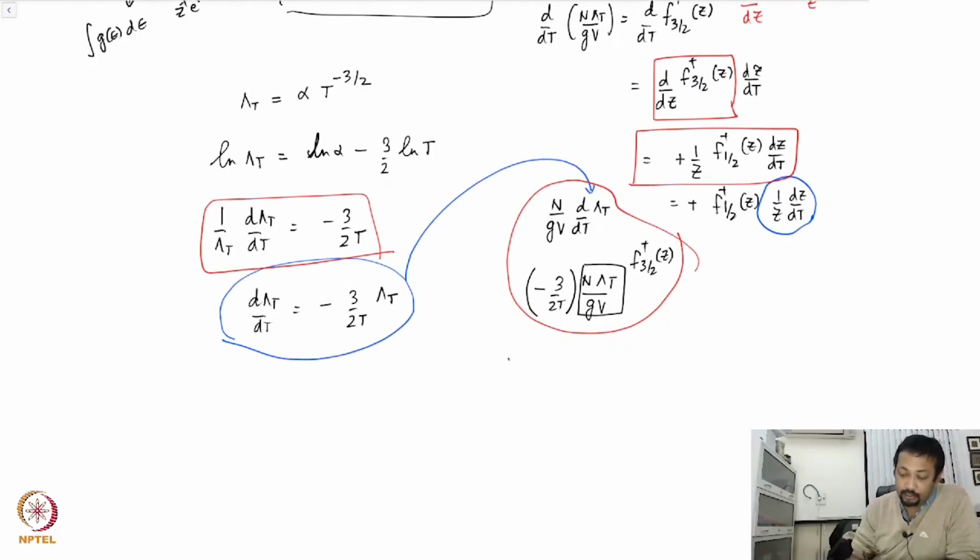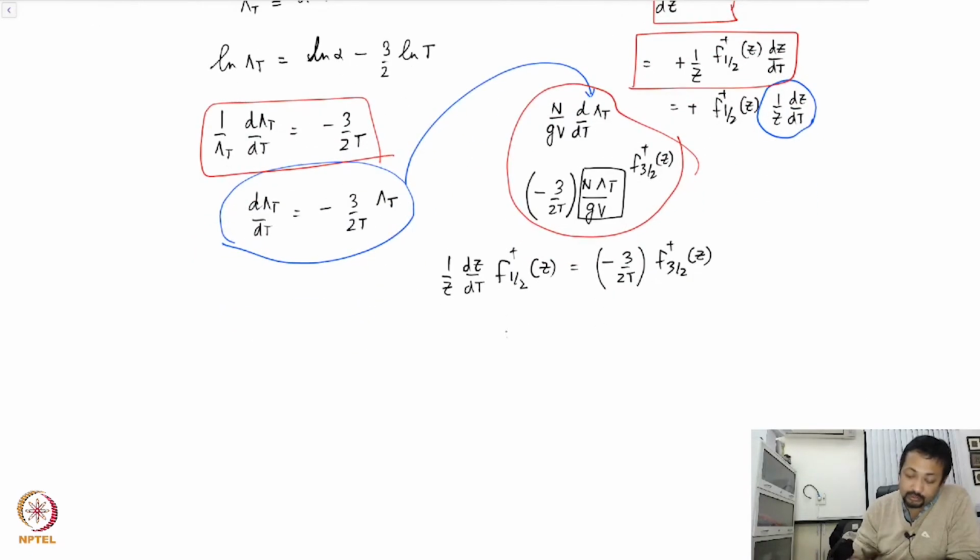I have f plus half of z times 1 over z dz dt is going to be minus 3 by 2t f plus 3 by 2 of z, so that 1 over z dz dt is going to be minus 3 over 2t f plus 3 by 2 of z divided by f plus half of z.